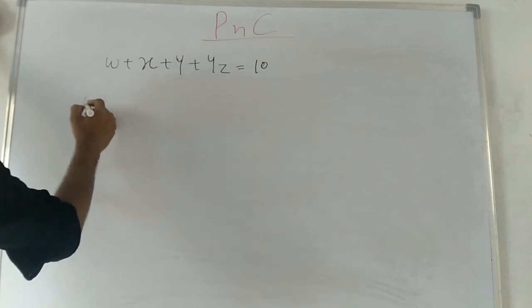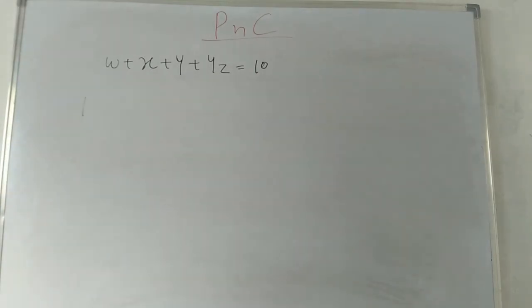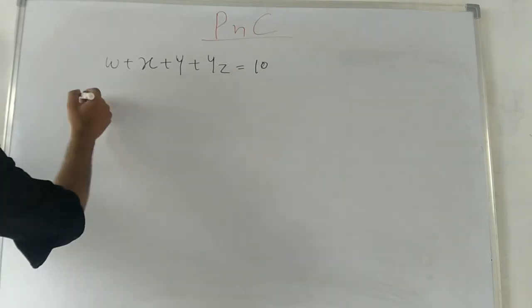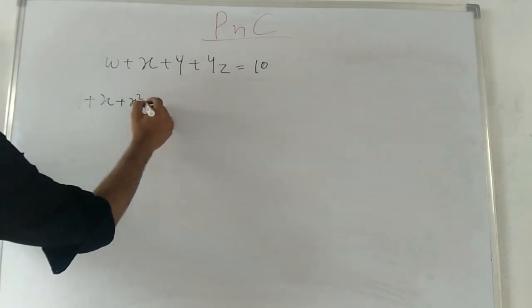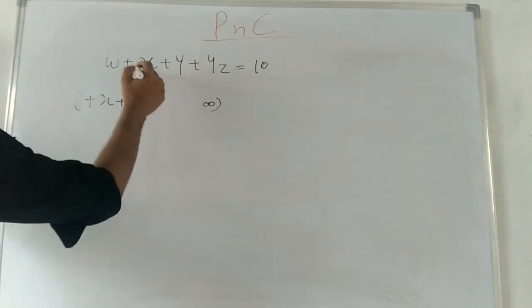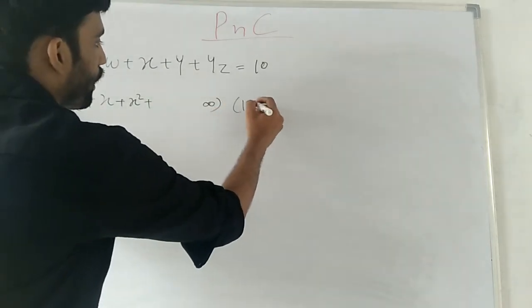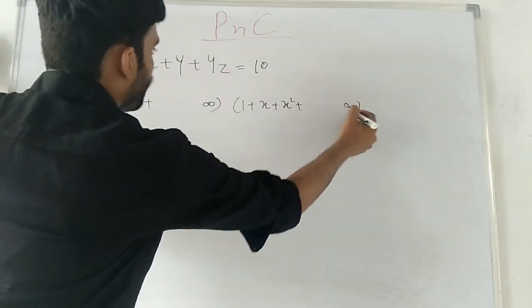We will write, for w, 1 plus x plus x square up to infinite terms. For x we will write the same, 1 plus x plus x square up to infinite terms.